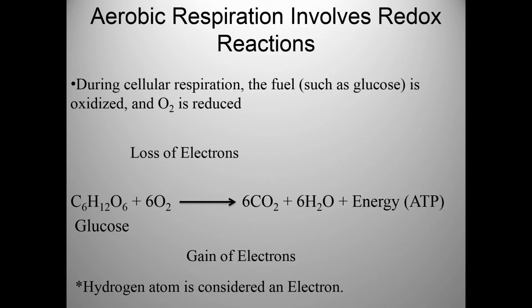Tying these terms of oxidation and reduction to the reaction of cellular respiration: cellular respiration is basically a combustion reaction. You take a molecule like glucose, combine it with oxygen, and you release energy. You yield CO2 and water as byproducts.